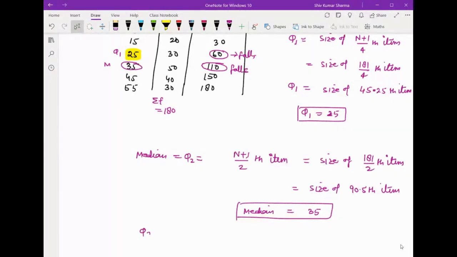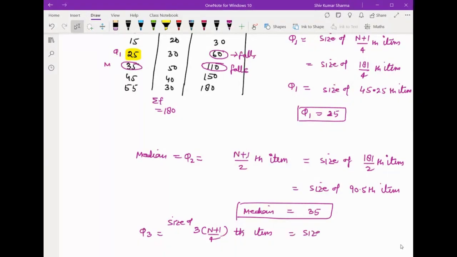Now calculate quartile 3. Quartile 3 is the 3 into (n plus 1) by 4th item. So this equals the size of 3 times (n plus 1) upon 4th item.